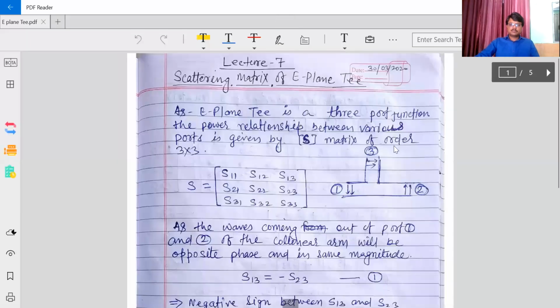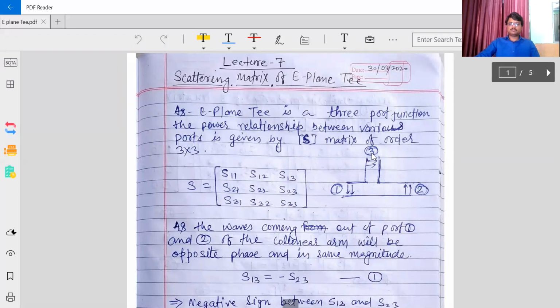Now the main purpose of this lecture will be to derive the scattering matrix for the E-plane T. There are three ports in the E-plane T: port 1, port 2, and port 3. Okay.